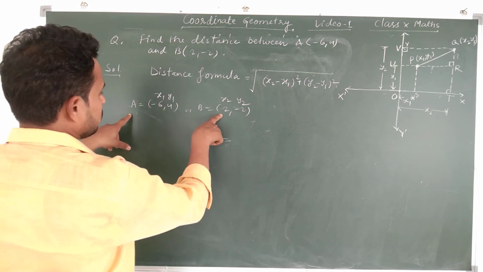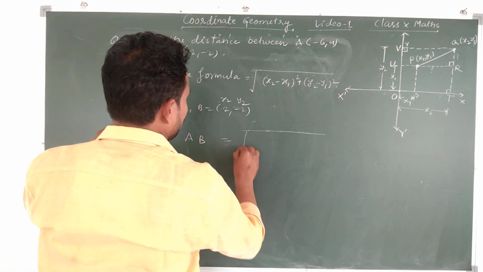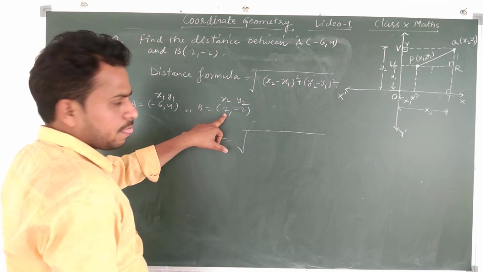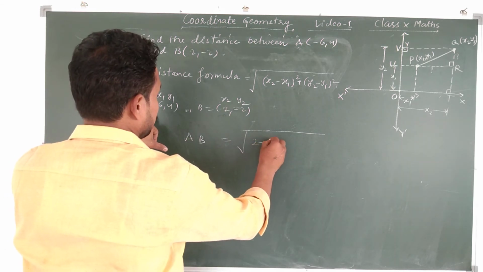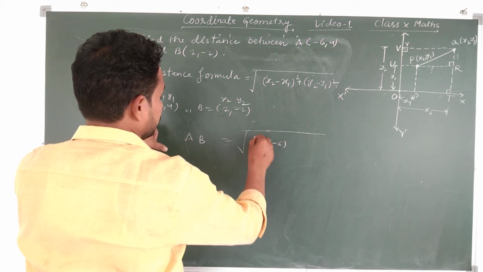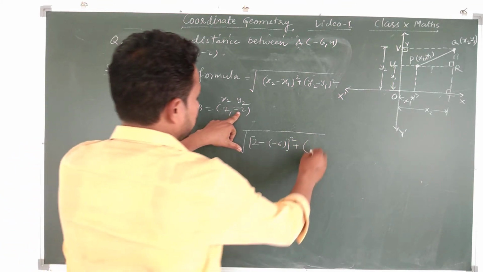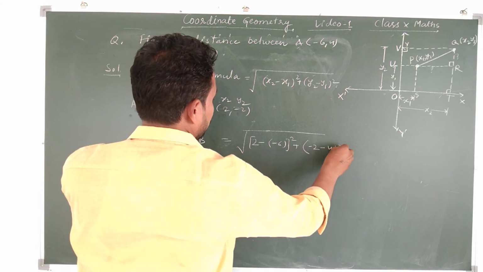So distance AB is equal to the square root of (x2 minus x1), that is 2 minus (-6), square, plus (y2 minus y1), that is -2 minus 4, square.